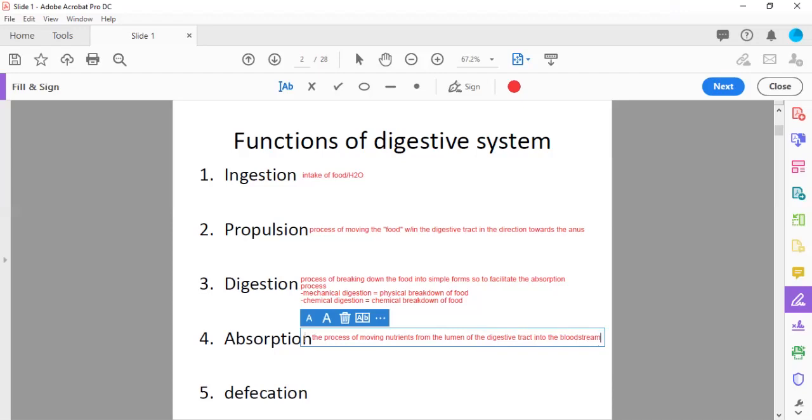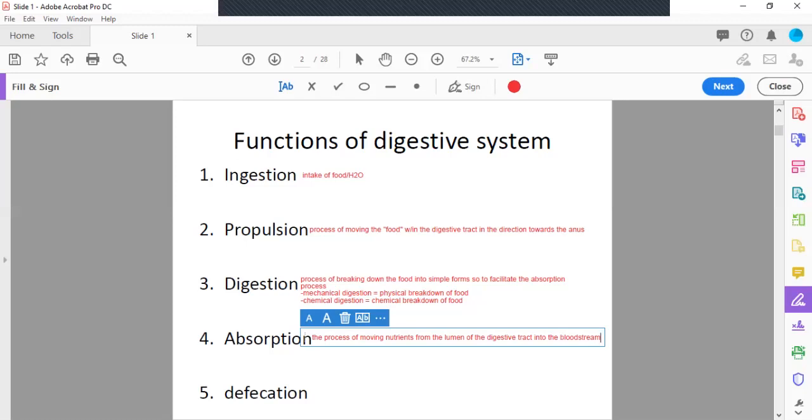So in the case of malabsorption, where nutrients cannot be absorbed, the nutrients have yet to become a part of you because the nutrients are still in the digestive tract. Until it is absorbed into the bloodstream, the nutrients have yet to become a part of you.